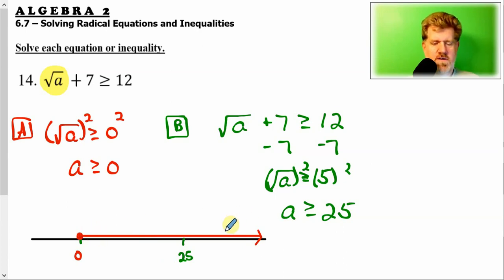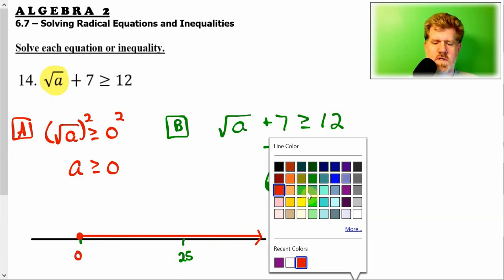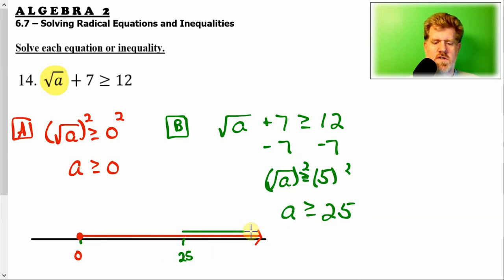So that red line represents all of a greater than or equal to 0. Now I'm going to draw a green representation. Green starts at 25, and it goes off in the same direction.